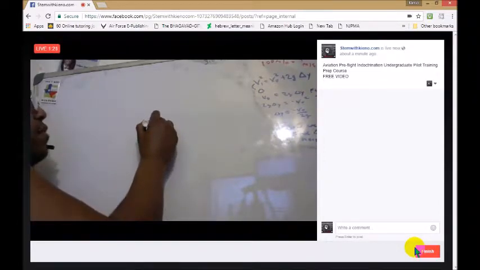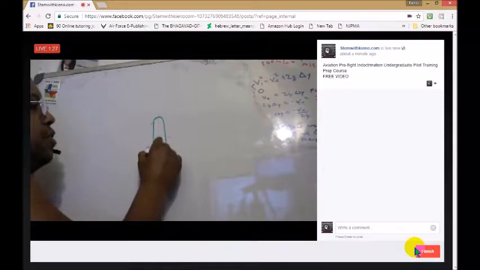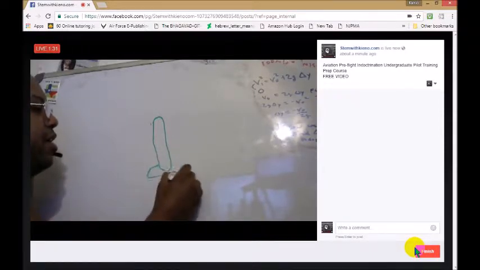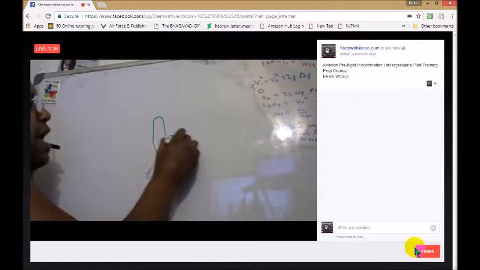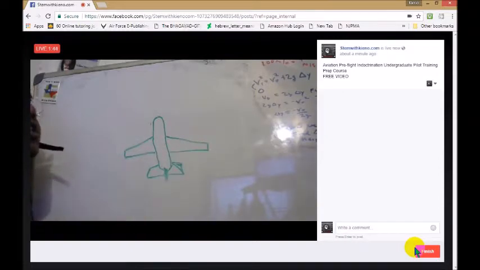So we have the fuselage, and we talked about the 5 major components of an aircraft. So this is the fuselage, and excuse my little artwork here. This is the horizontal stabilizer, the vertical stabilizer is here, and you're going to have the 2 wings, or the total wingspan, stretch out there.